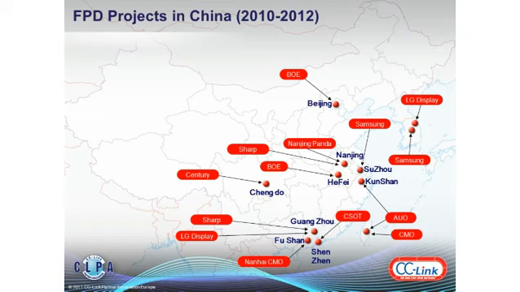And the key point here is that, as we saw, they are using CC-Link on an extensive basis. When they move to China, there's an extremely high likelihood that they will be taking CC-Link with them. So therefore, all these manufacturing sites we see here, when they are established in China, there's a very good chance that they will be using CC-Link there too. So really what we can say is this will only serve to strengthen CC-Link's market position in the Chinese market.